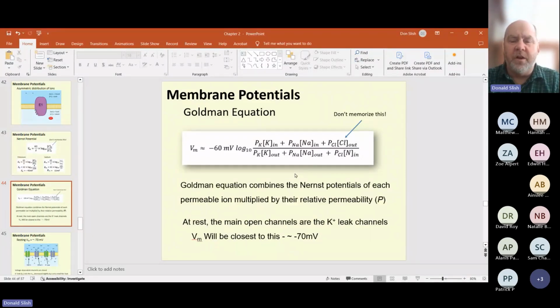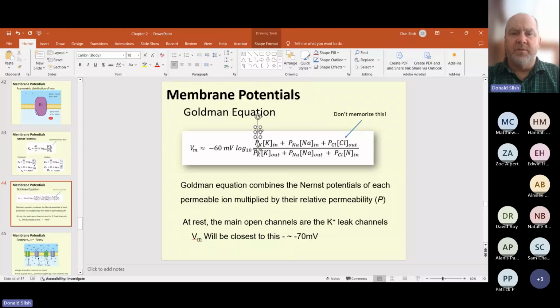So let's say we're in a cell where all the sodium channels are closed and all the potassium channels are open. If that was true, then PK would be much greater than PNa, right?